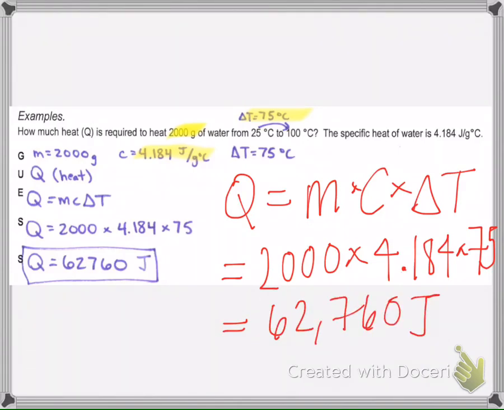That is a lot of energy, which makes sense because we're talking about 2,000 grams of water, and water already has a very high specific heat. There is a lot of energy required to raise the temperature of 1 gram of water by 1 degree Celsius. So this would be just you using this equation, Q equals MC delta T.